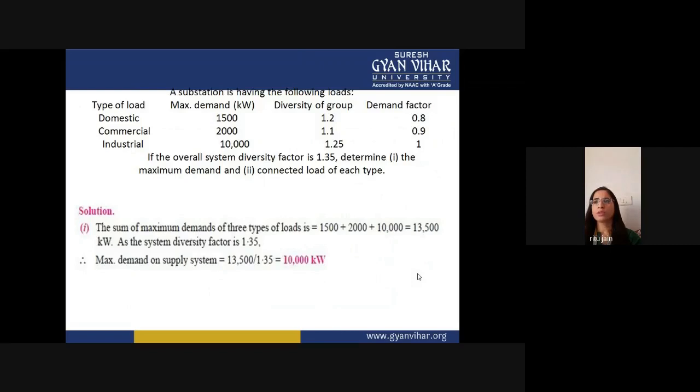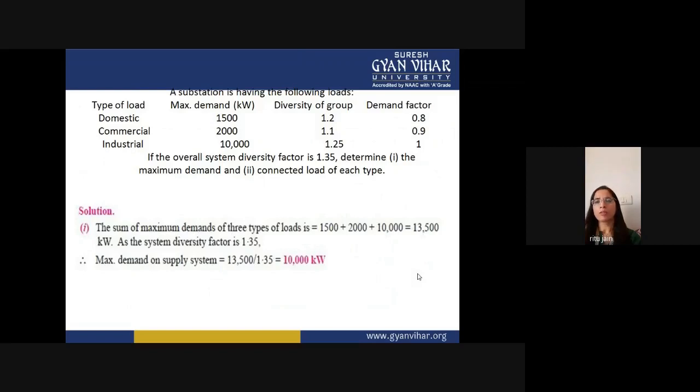So first you have to calculate the maximum demand and connected load of each type. The diversity factor is equal to the sum of individual maximum demands upon the maximum demand of the transformer or the feeder.